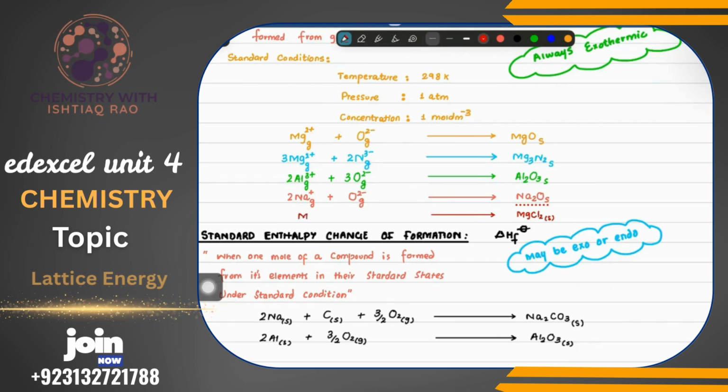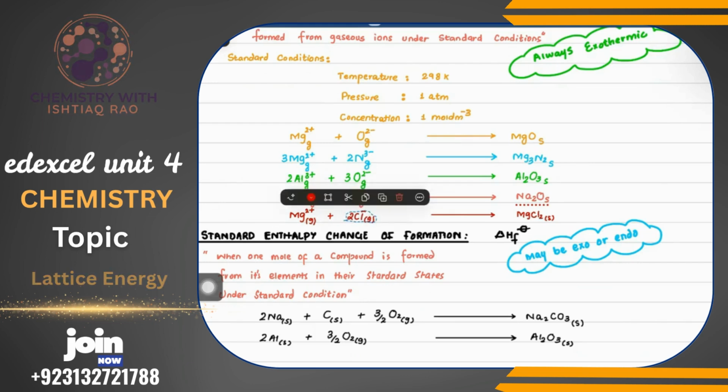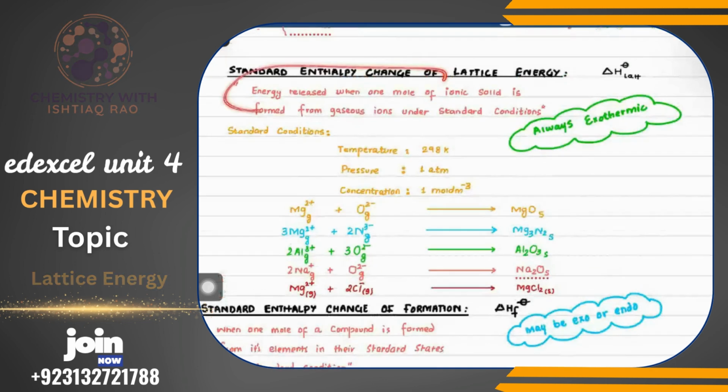Mg2+ gas and 2Cl- gas. Again, this is called standard enthalpy change of lattice energy. Simple. Because you know why? Because I have formed 1 mole of a product. If this is 1 mole, that would be called standard enthalpy change of lattice energy.